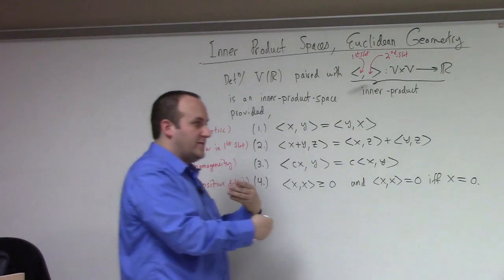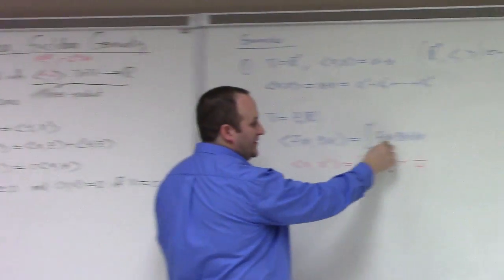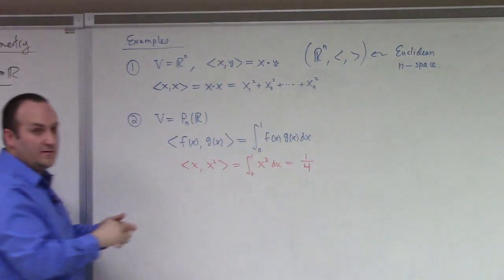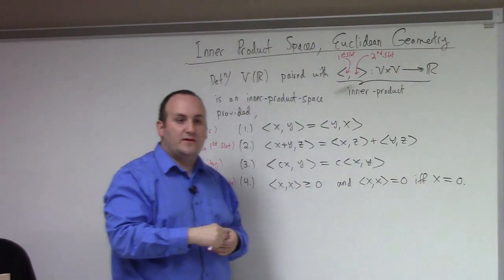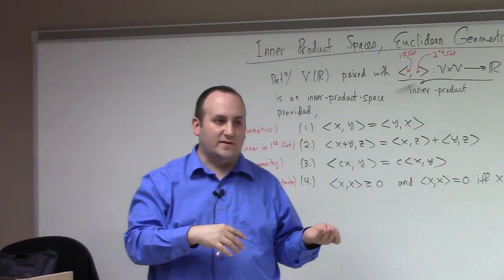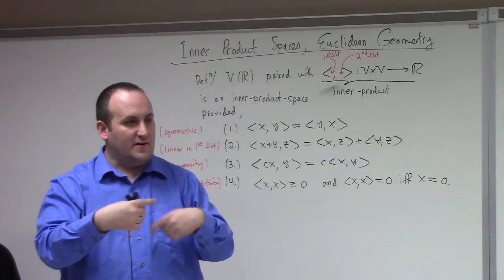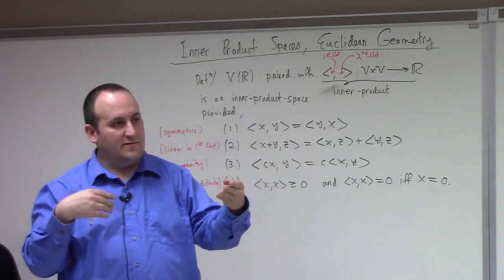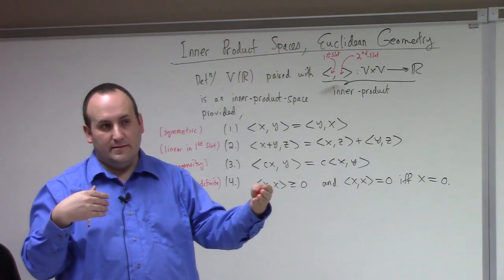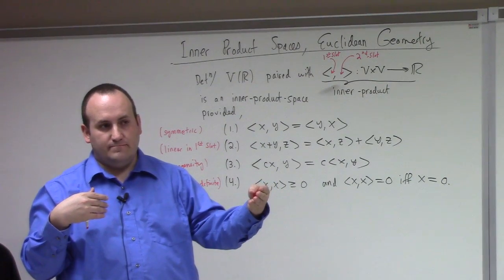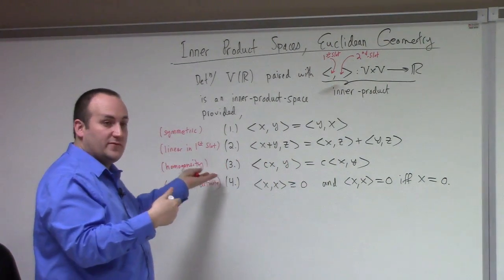We have linearity from the linearity of the integral. And the only way an integral of a function times itself can be 0 is if the function is identically 0. So you can check all 4 of these axioms hold for that example.